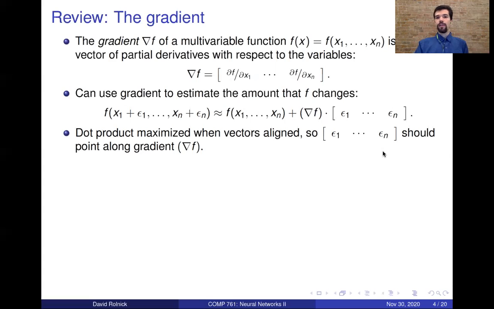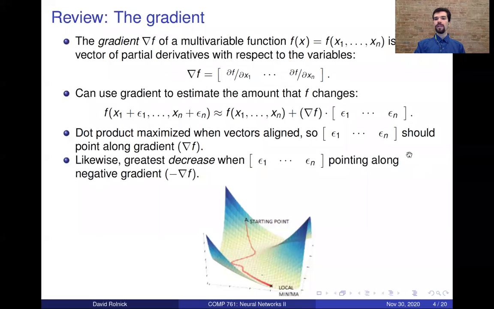So that means that this particular dot product is going to be maximized when the vectors are aligned. If we're trying to push the function to increase, we should have the epsilon vector pointing in the same direction as the gradient.